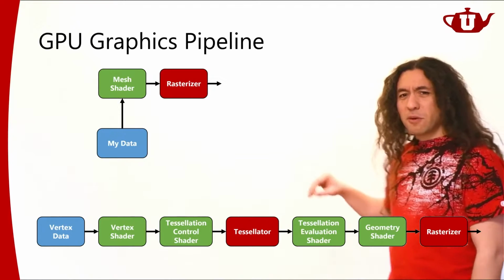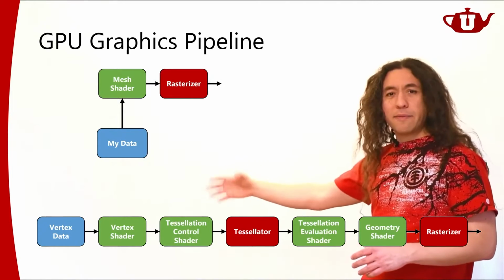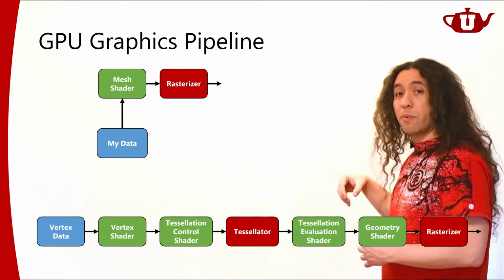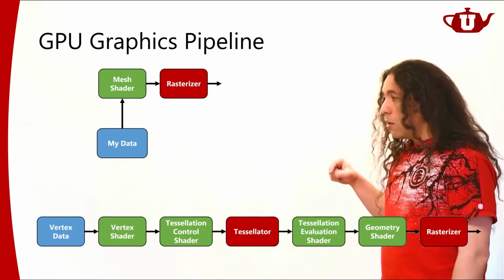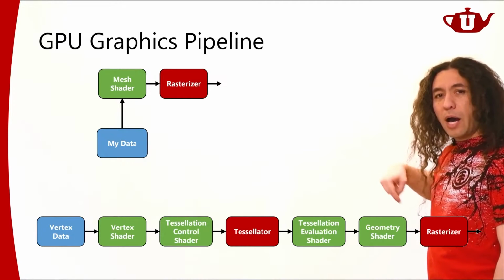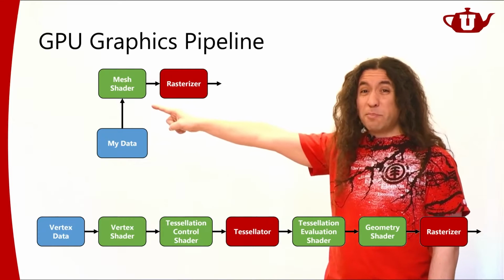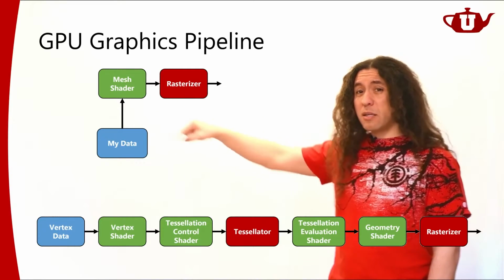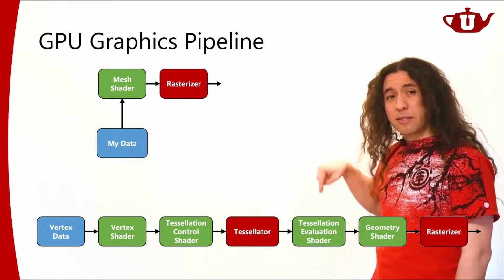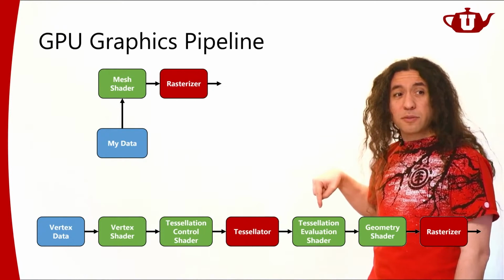But ignoring the geometry shader, what's happening here is that I have some parallelism, and I have a lot more parallelism later on. If I'm going to operate on whatever I output in my mesh shader, the parallelism that I want here is this level of parallelism, because that's going to be my output.